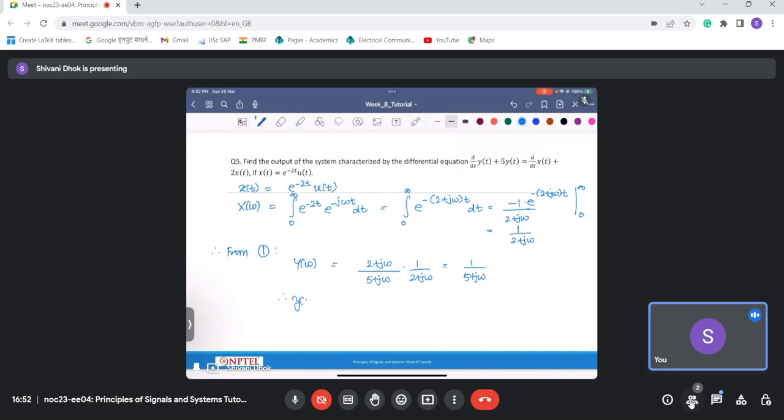Therefore, y t is equal to e power minus 5t. It is similar to this x t. The only difference is that instead of 2 I have a 5. So this is equal to e power minus 5t u t. This is the value of the output for the given system response and for the given input.